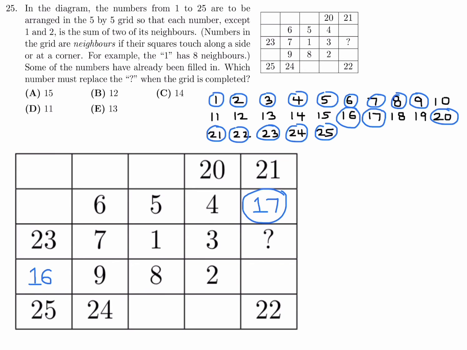But 17 plus 3, but 3 is already here. Okay, no good. 4 plus 16, but 16 is already here, so that's no good. So 5 plus 15. It's the only way. So there you go. 5 plus 15 is the only way to give 20.